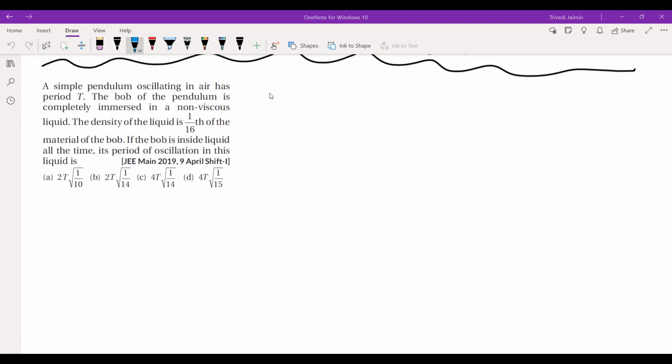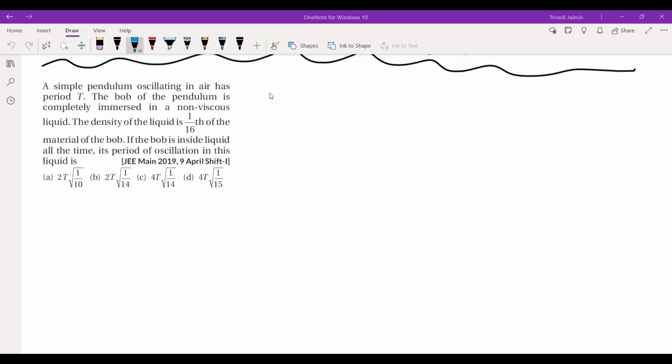T we have, L we have, and g we need, because in the options we have g, L, and T. So we need some initial and final time period.